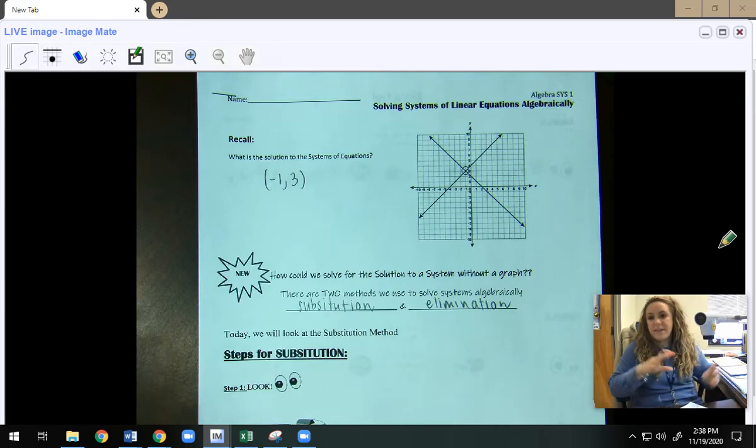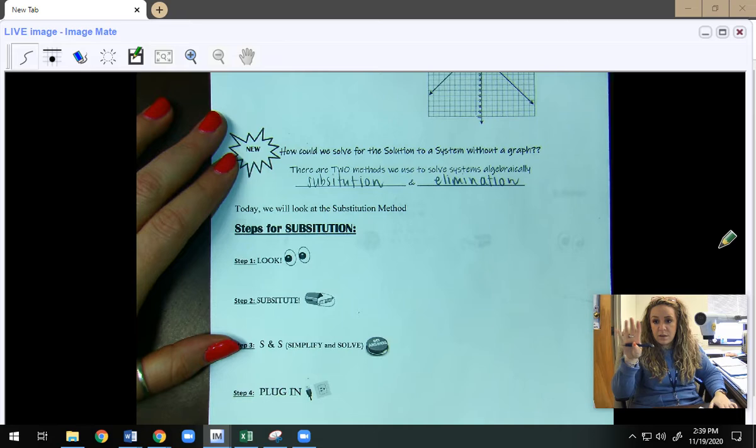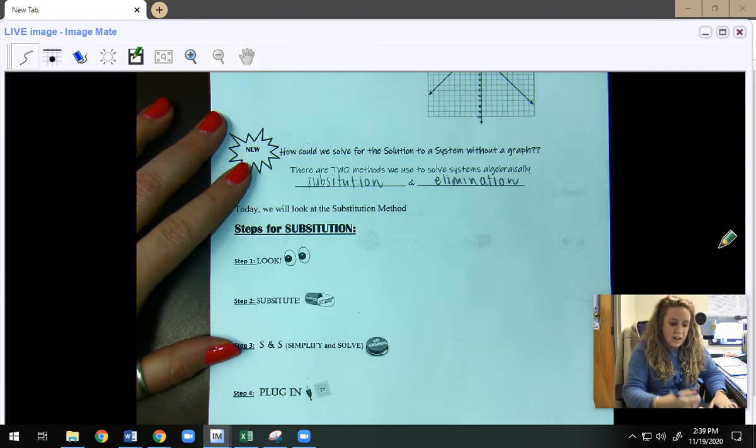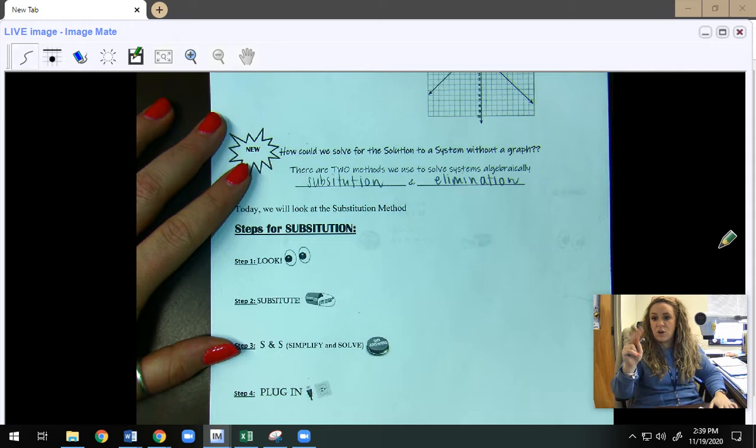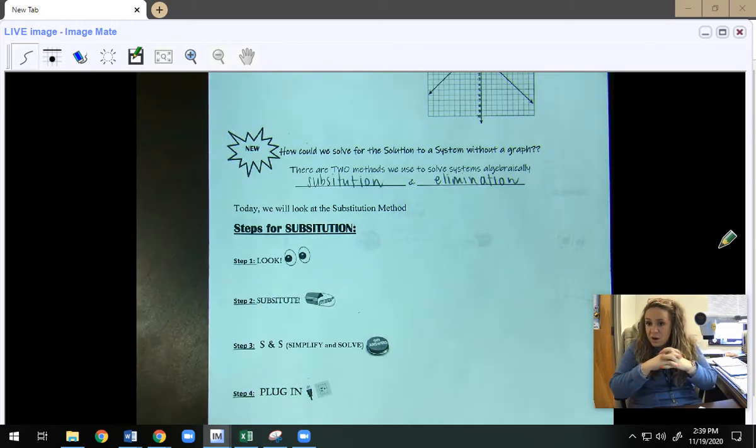So the steps for substitution. We have 4 steps. Remember, I have a system with 2 equations. They could be in y equals form, or they could be x's and y's together. Doesn't matter.